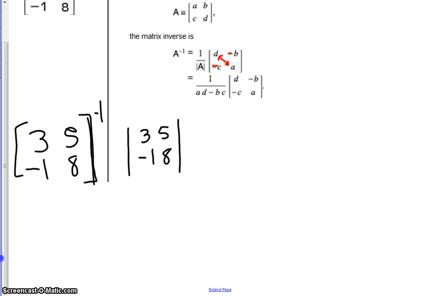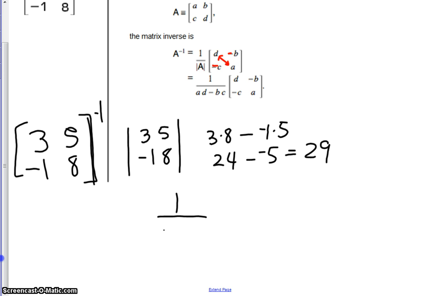That equals, we go down diagonal, 3 times 8 minus up diagonal, -1 times 5. So that was 24 minus a -5, and we found that was 29. So we have 1 over 29. Now we're going to multiply that like a scalar multiplication by the switched around matrix.